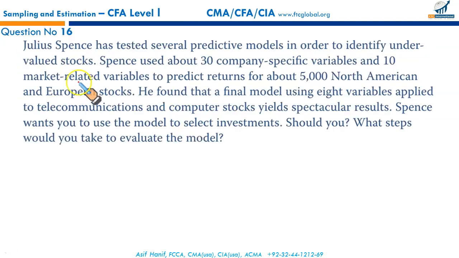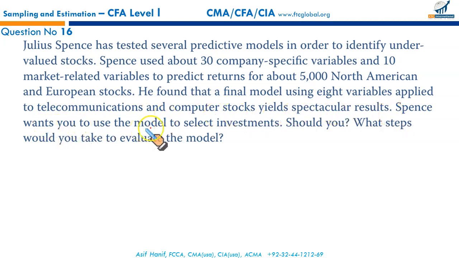Next, Julius Spence has tested several predictive models in order to identify undervalued stocks. Spence used about 30 company-specific variables and 10 market-related variables to predict returns for about 5,000 North American and European stocks. He found that the final model using 8 variables applied to telecommunication and computer stocks yields spectacular results.